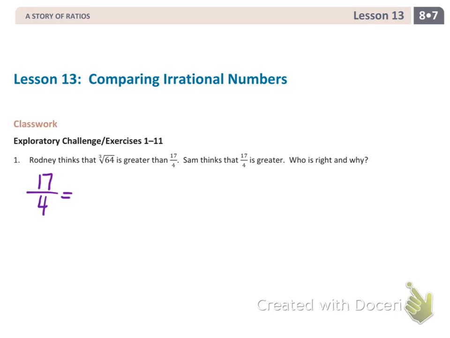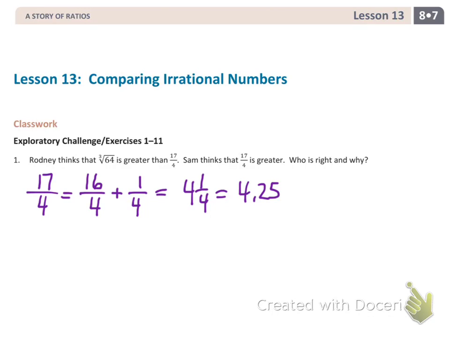I know that 16 is a multiple of 4, so I can divide this into 16/4 plus 1/4. So this becomes 4 and 1/4. I can also write it as 4.25 if I wanted to.